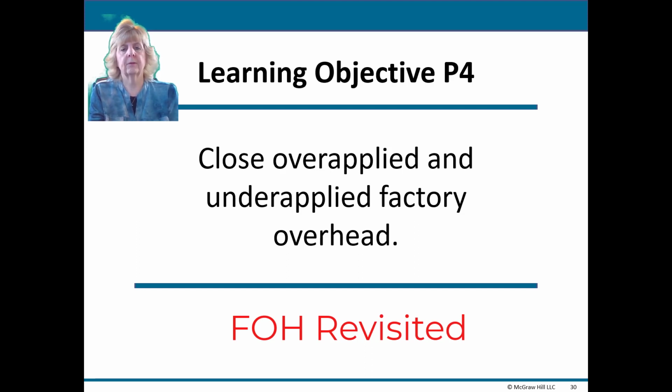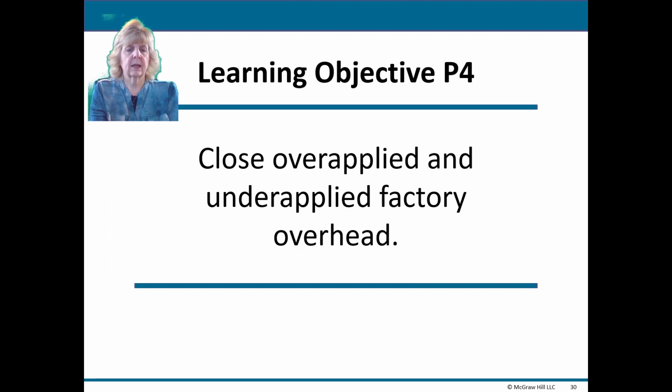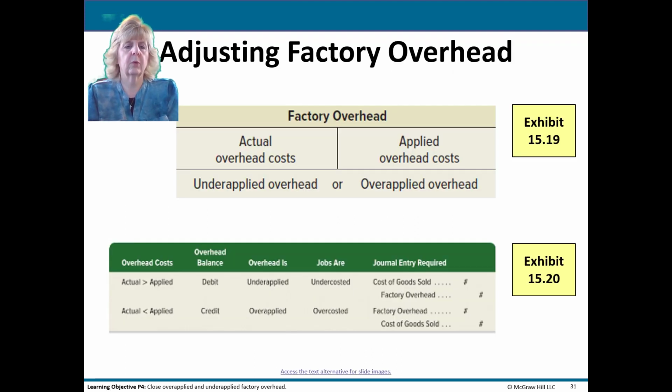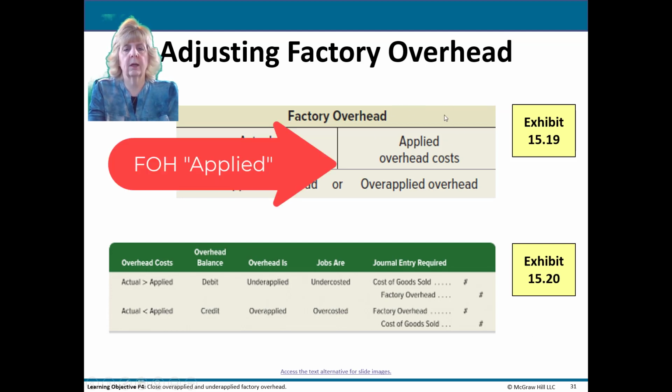In chapter 15, we learned that it wasn't quite as simple as chapter 14 made it out to be. Instead, we calculated a predetermined rate, and we used that predetermined rate to apply the overhead to WIP as the jobs were making their way through the production process.